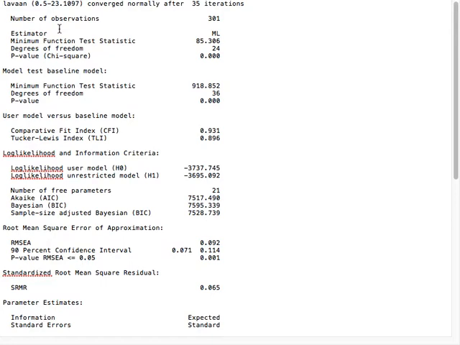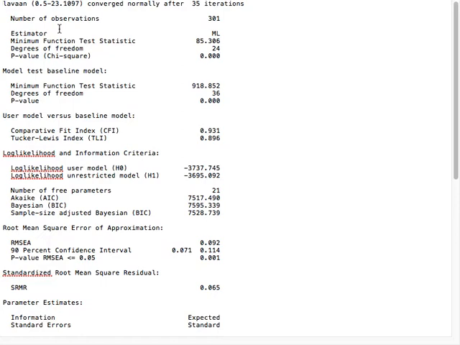Some of the things should ring bells because the TLI, for example, is something which we saw with factor analysis last time. Also, the RMSEA is something which we saw before, when we were doing factor analysis last time. And what we then have further down, so this is just some things about how it was estimated.